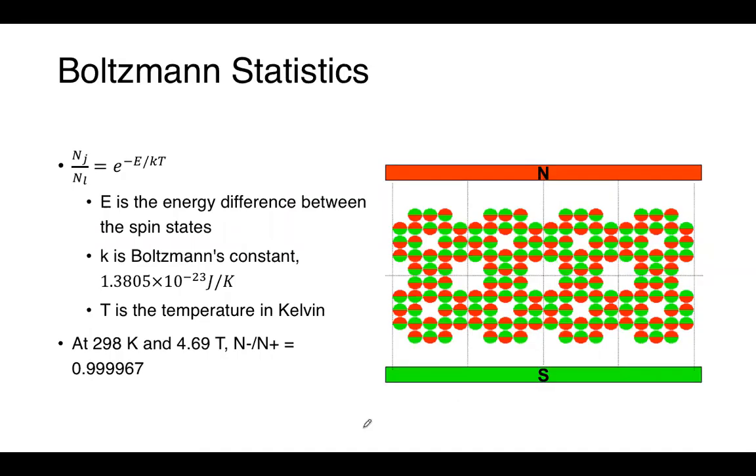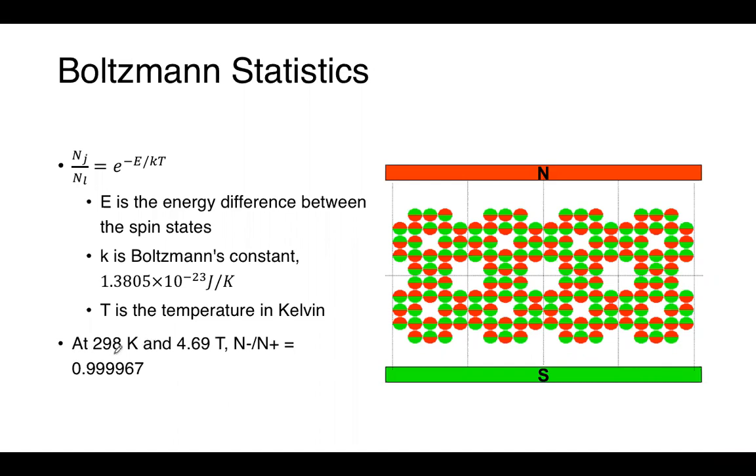So the population difference between those in the higher energy and the lower energy states can be described by Boltzmann statistics. We saw this back in atomic spectroscopy. We have two energy states, a higher energy state and a lower energy state, and the ratio is equal to e to the minus delta E over kT, where delta E is the energy difference between the spin states, k is the Boltzmann constant, and T is the temperature in Kelvin.